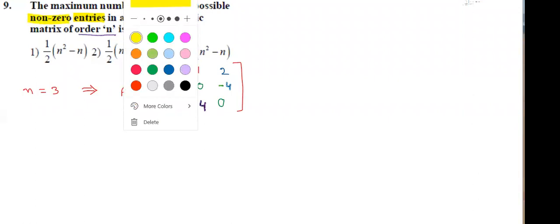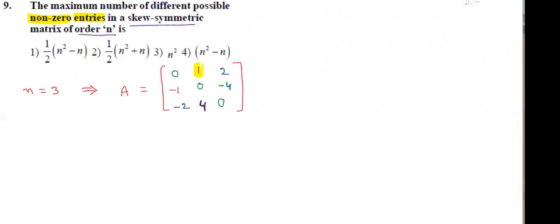See here, except the zeros, they are asking non-zero entries. Non-zero entries. How many possible? This is 1, 2, 3, 4, 5, 6. 6 entries are possible.